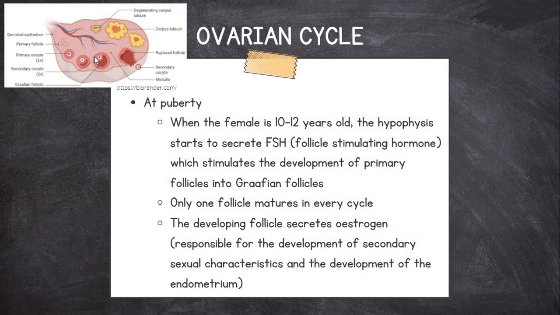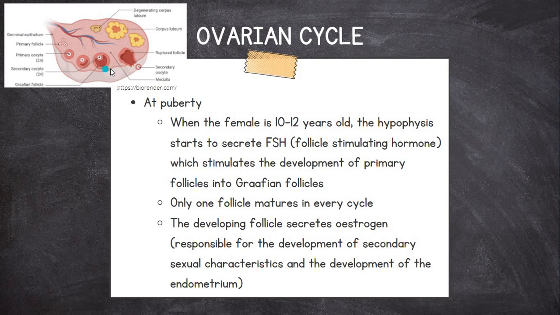Only one follicle matures in every cycle, and the developing follicle secretes estrogen, responsible for the development of secondary sexual characteristics and the development of the endometrium.